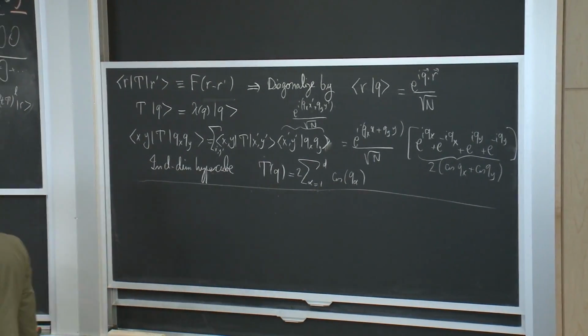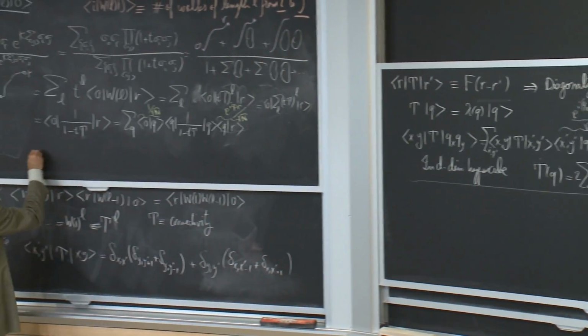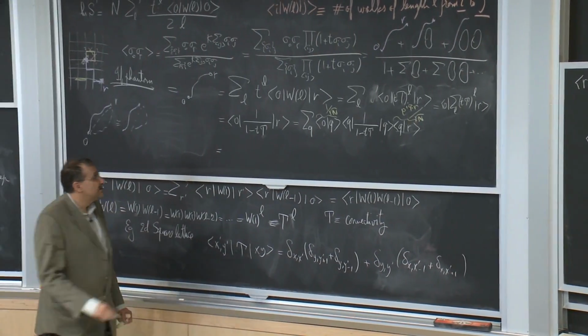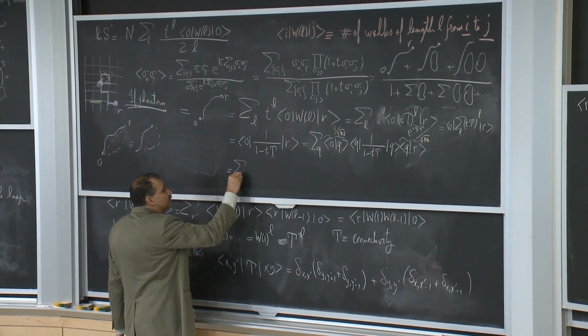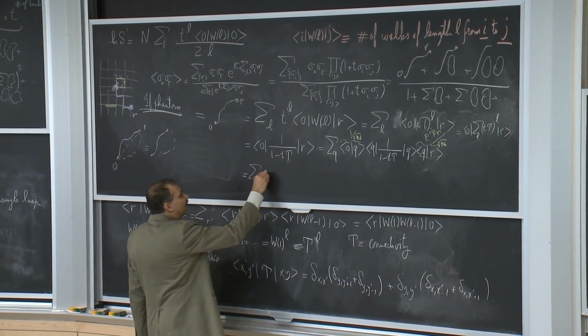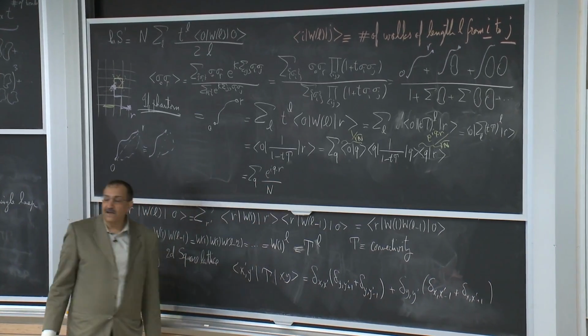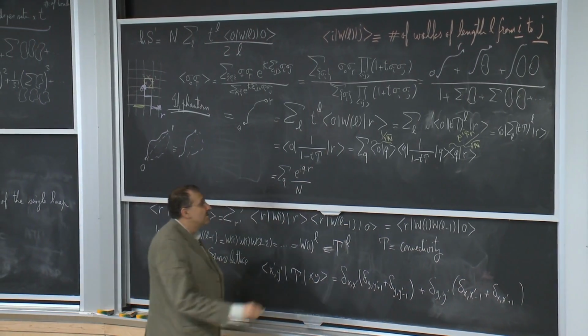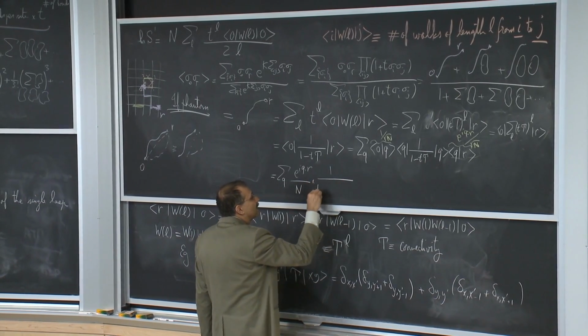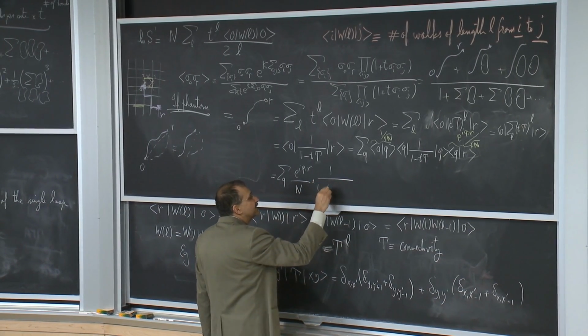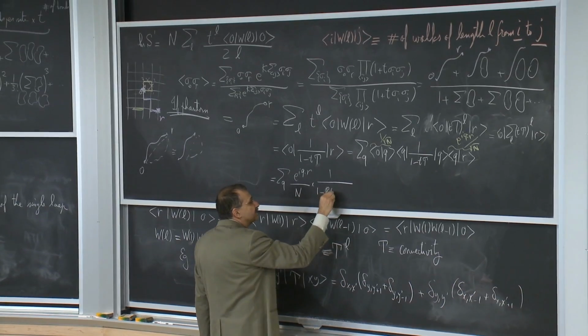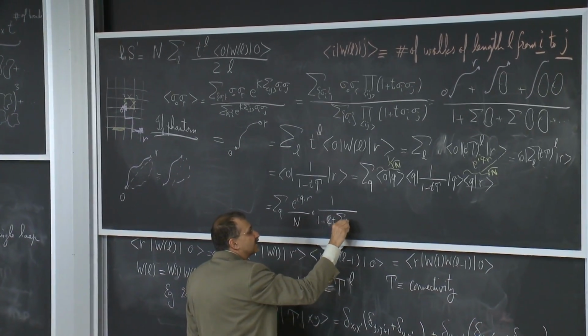So this entity is none other than a sum over q of e to the i q dot r divided by n, 2 factors of square root of n, 1 over 1 minus, well actually let's write it 2t, sum over alpha cosine of q alpha.